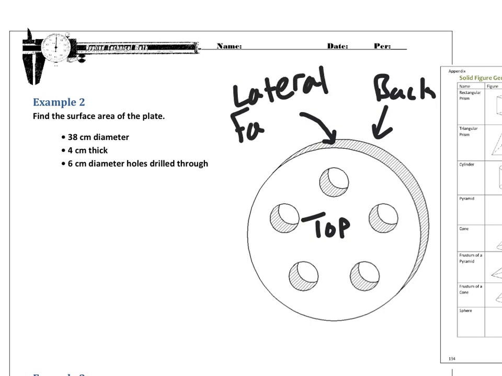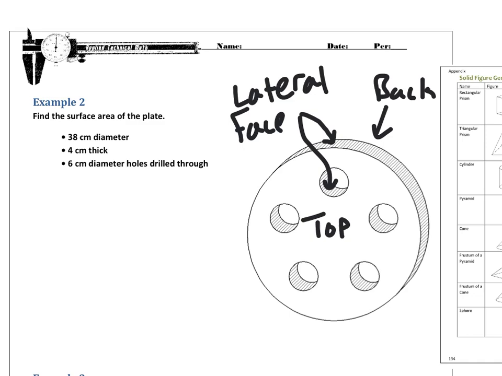Now, this shape actually has several lateral faces. You've got the inside of these holes there, and you've got the outside edge. All right? So that is going to come from something. Think of this.